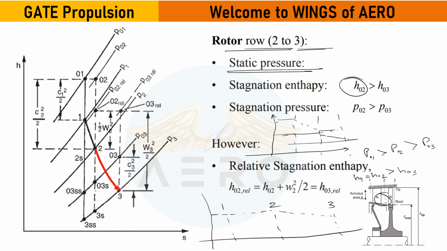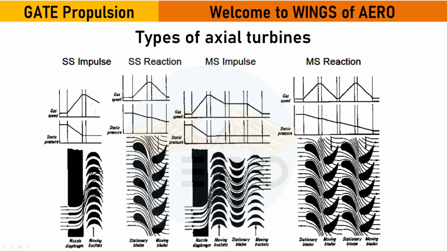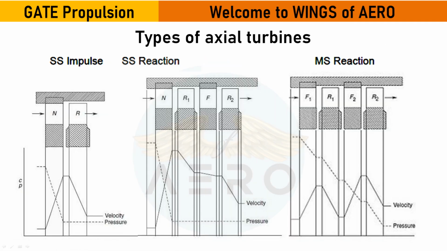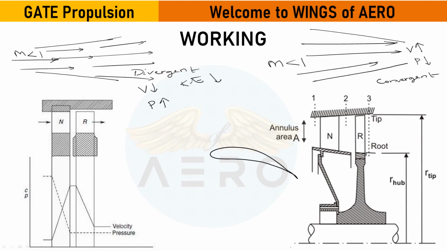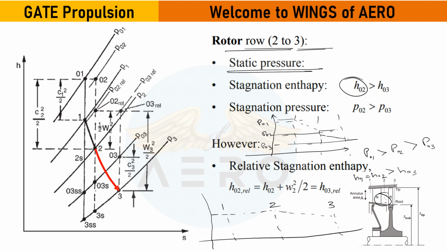You agree or not? So this is P01, P02 and P03. It will be like steps, just like what we have seen over here. Drastically it is falling. The same thing will happen here as well.